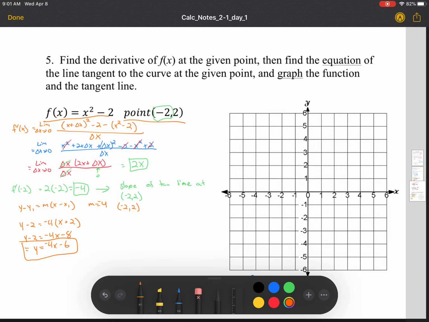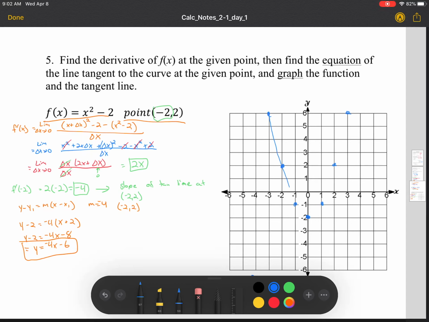Now, the last part they ask of us is to graph it all. If we're graphing this function, let's just graph the original function to start, x squared minus 2. So we know our vertex is going to come down here. We're going to have points at 1, negative 1, and so on.